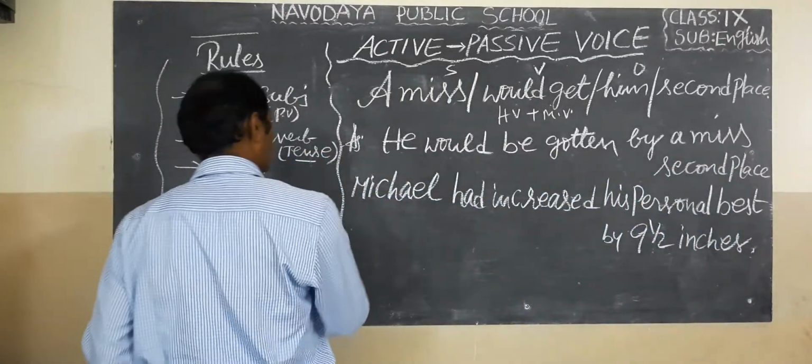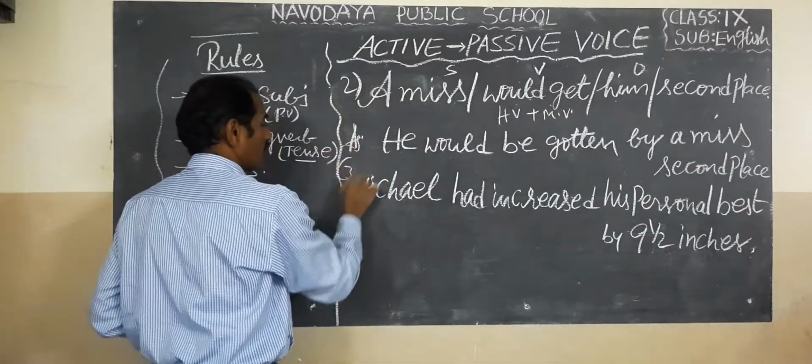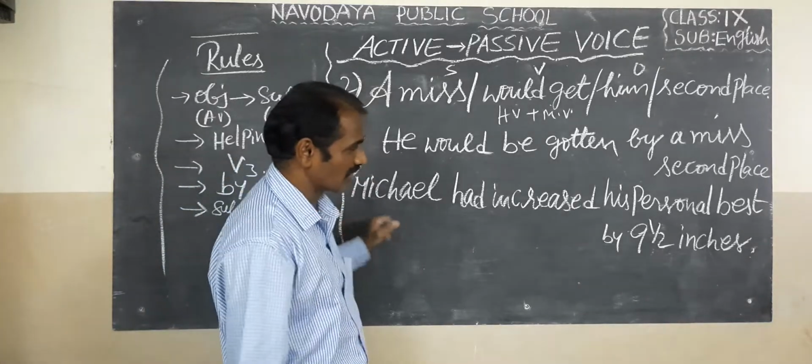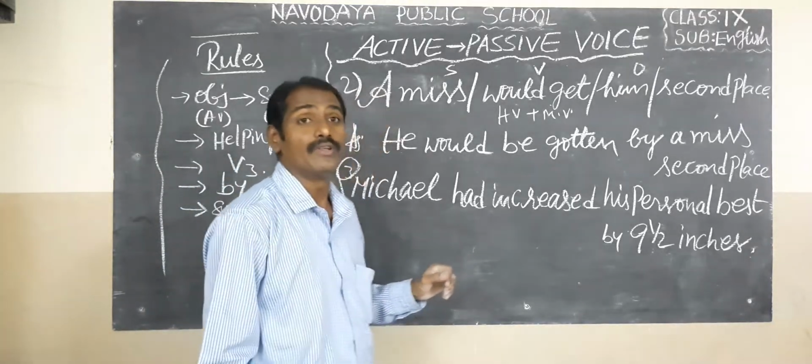Children, next example. Michael had increased his personal best by 9.5 inches.